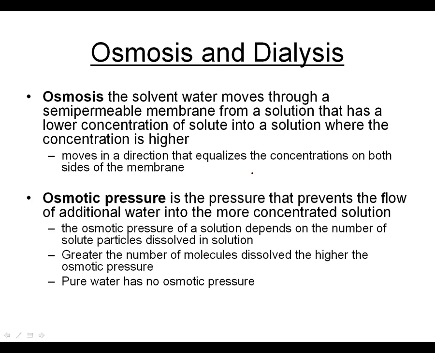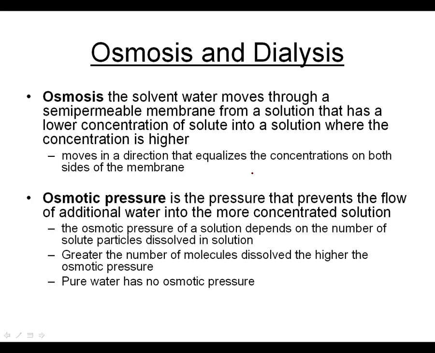And as we talked about, the osmotic pressure, which you could calculate using the ideal gas law, is the pressure that builds as those water molecules are flowing to the other side, and at some point it will prevent the further flow of water molecules from the lower concentration to the higher concentration.